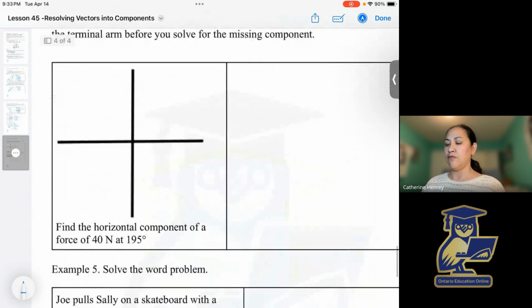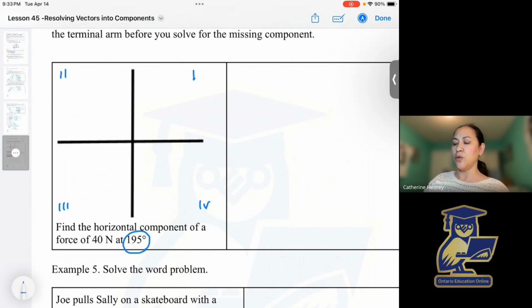So if I want to find the horizontal component of a force of 40 newtons at 195 degrees, what I have to do is to determine in which quadrant, 1, 2, 3, or 4, does this angle lie in?